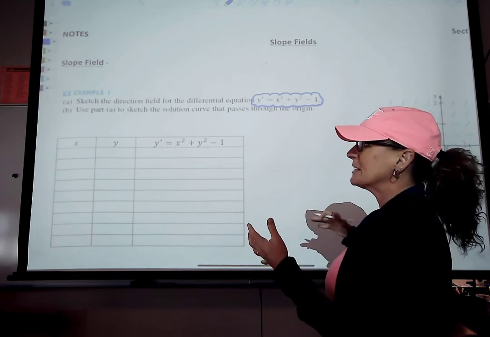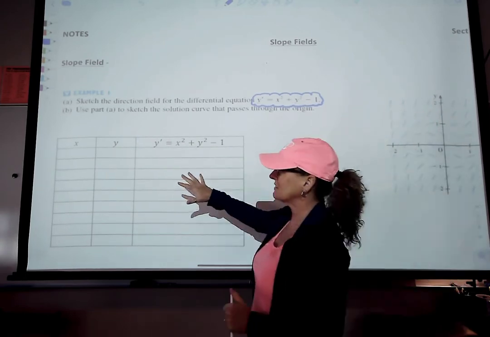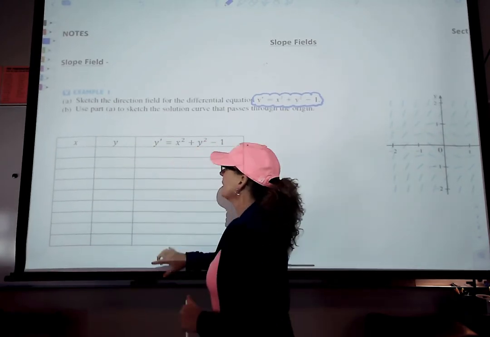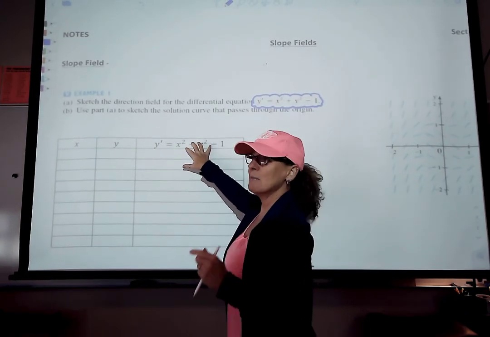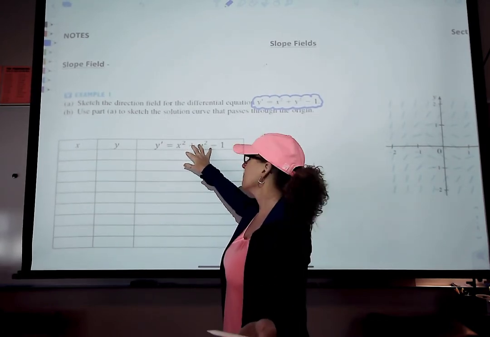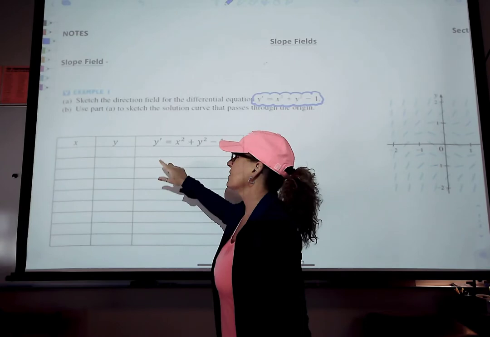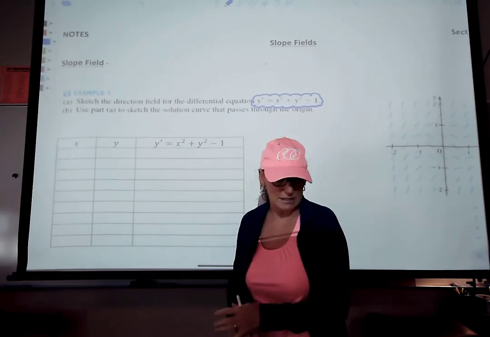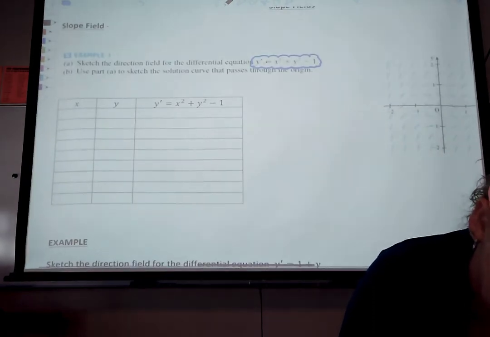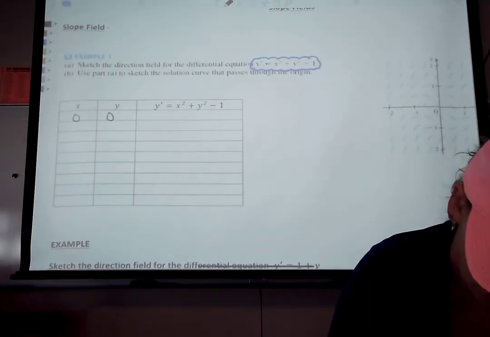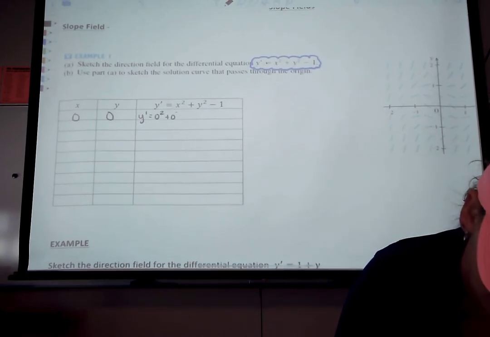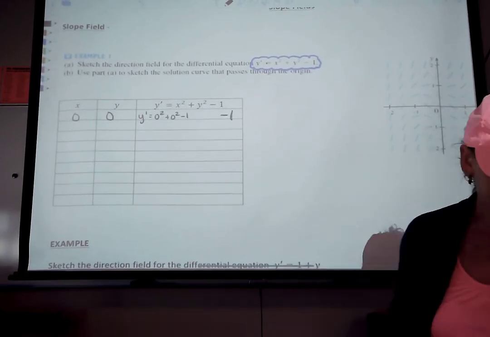In order to complete part A, we're going to take many random points and sub them into our differential equation as an x value and a y value. And we're going to figure out what the slope is at each point. So we may choose the point 0, 0. y prime is equal to 0 squared plus 0 squared minus 1.